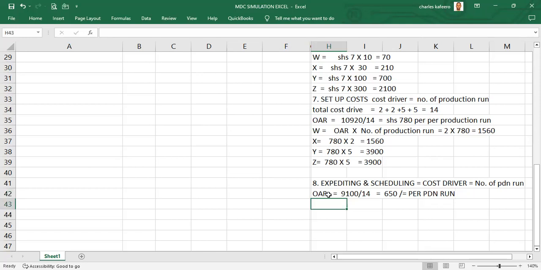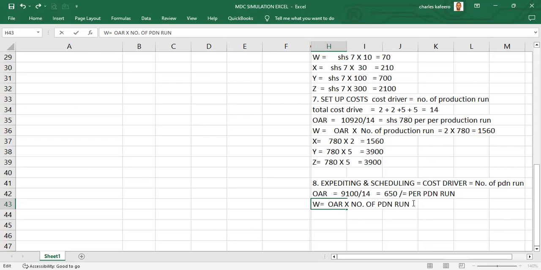So we repeat the same thing to get for each product. We said it is going to be the OAR. OAR we multiply by the number of production run that we used in that product. Permit me to use PDN to mean production run.